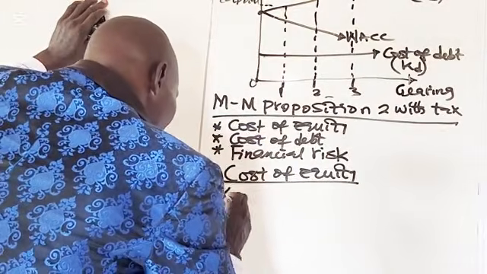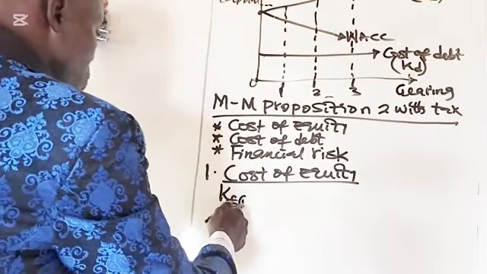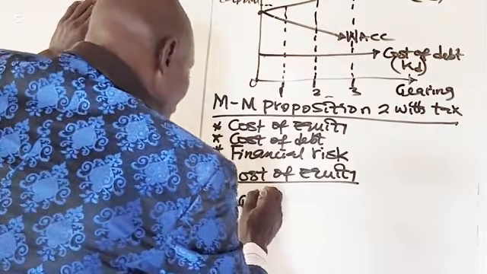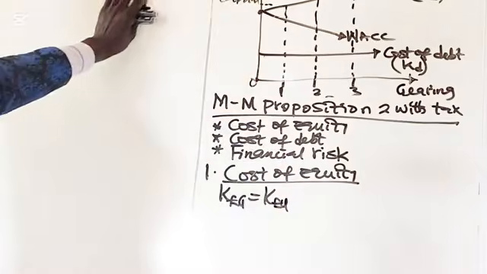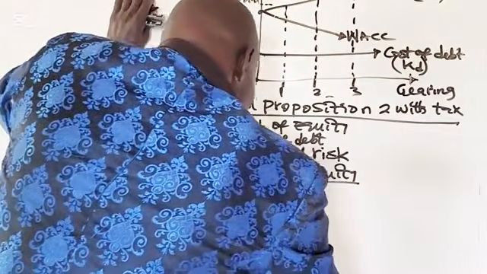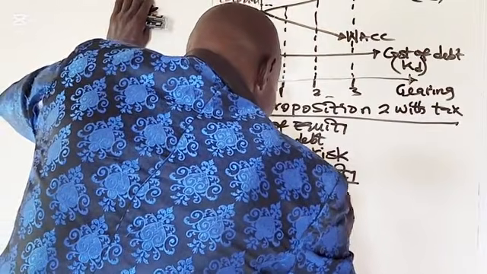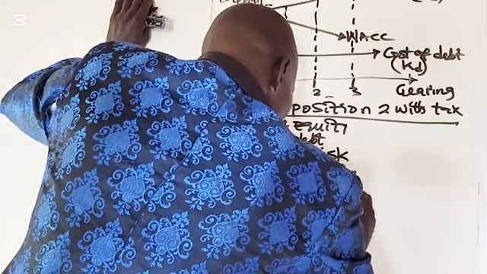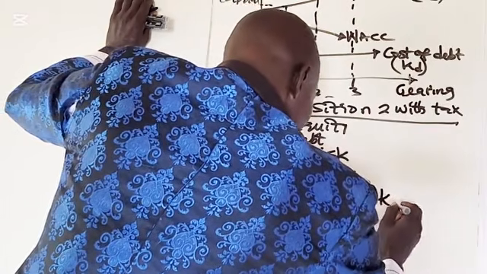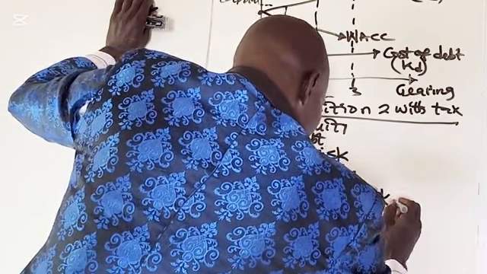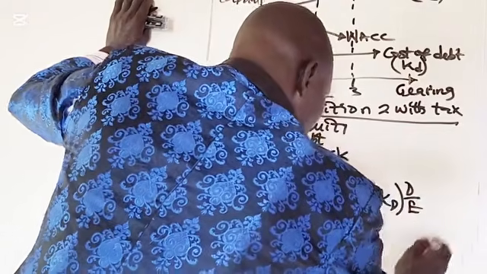So the formula for calculating the cost of equity is Keg. That is the cost of equity of a geared company equal to Ke, that is cost of equity in an ungeared company, plus financial effect or financing effect: 1 minus tax rate into Ke minus cost of debt, Kd, into debt to equity ratio.